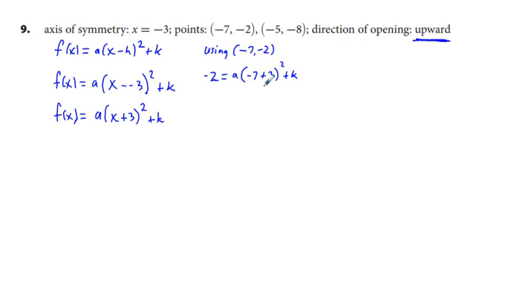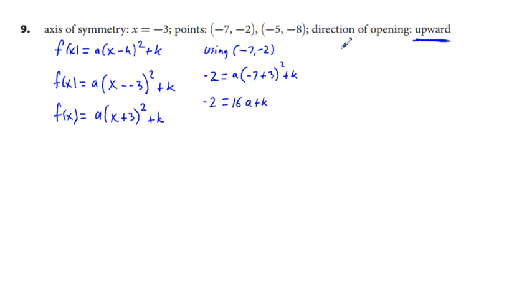And going ahead to solve, we simplify. -7 plus 3 is -4. -4 squared is 16. So we have -2 equals 16a plus k. So that's one of our equations.